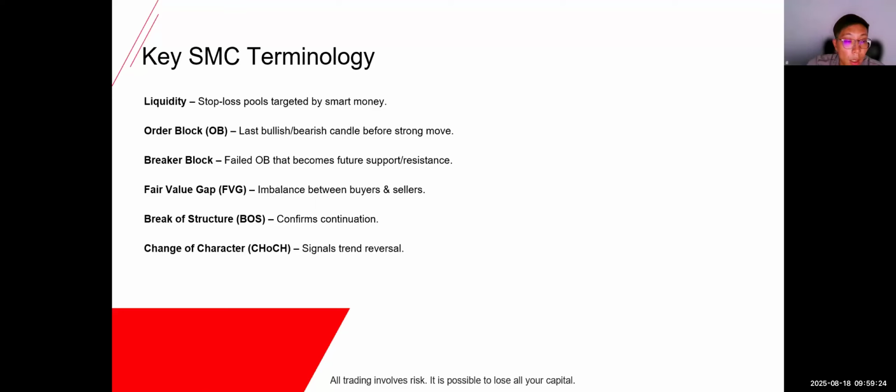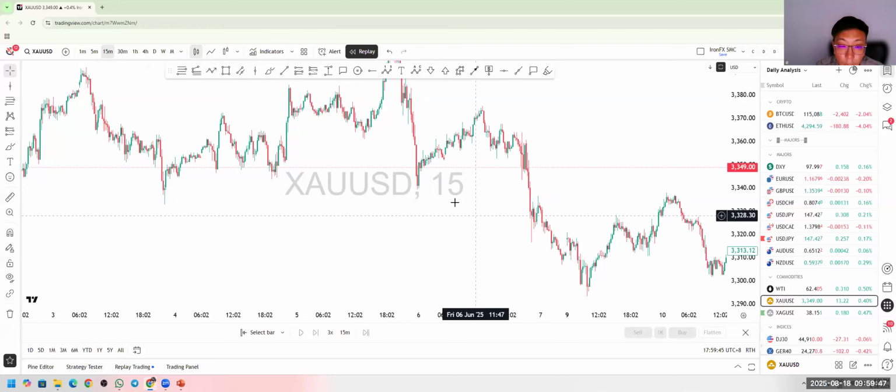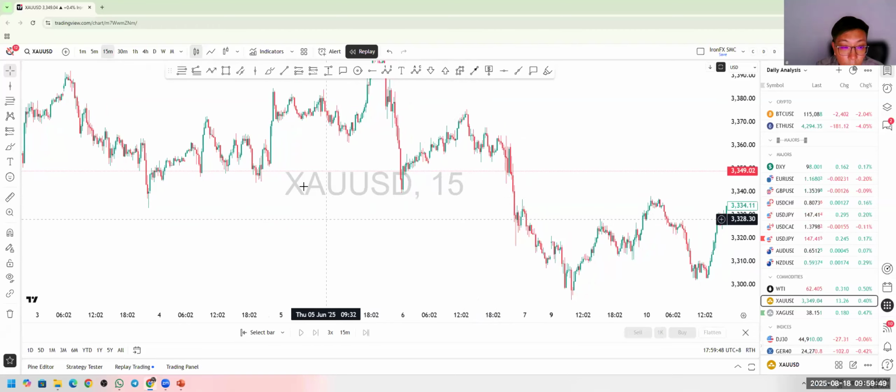Then next we have order block: the last bullish or bearish candle before the strong move. I showed you guys just now as well. And then this one I don't really use that often, which is BB. BB meaning breaker block. It is a failed order block that becomes a future support or resistance level. Okay, so let me show you guys an example of a breaker block.